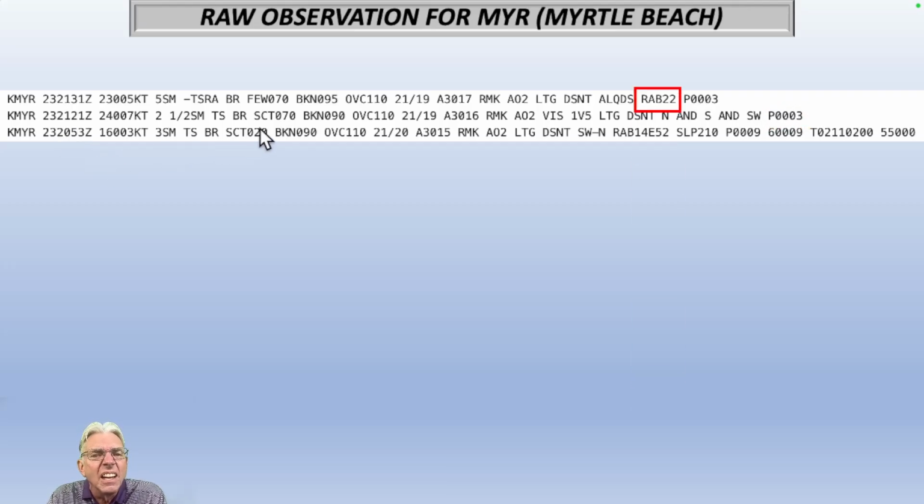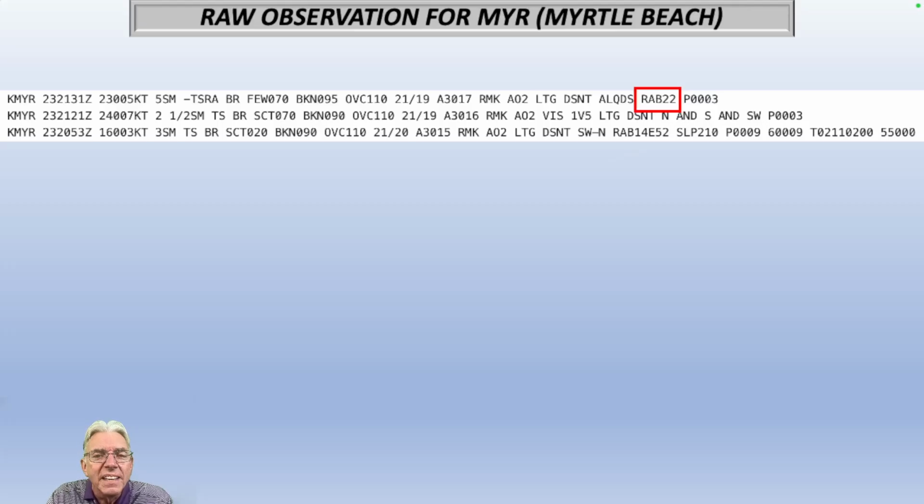And then at the very top, this observation was taken at 31 minutes after the hour, rain started to fall again at 22 minutes after the hour, and again, the amount was 300ths, okay? So apparently it wasn't enough to increase the 03 from the previous observation because it had just started 9 minutes before the time of the special observation.